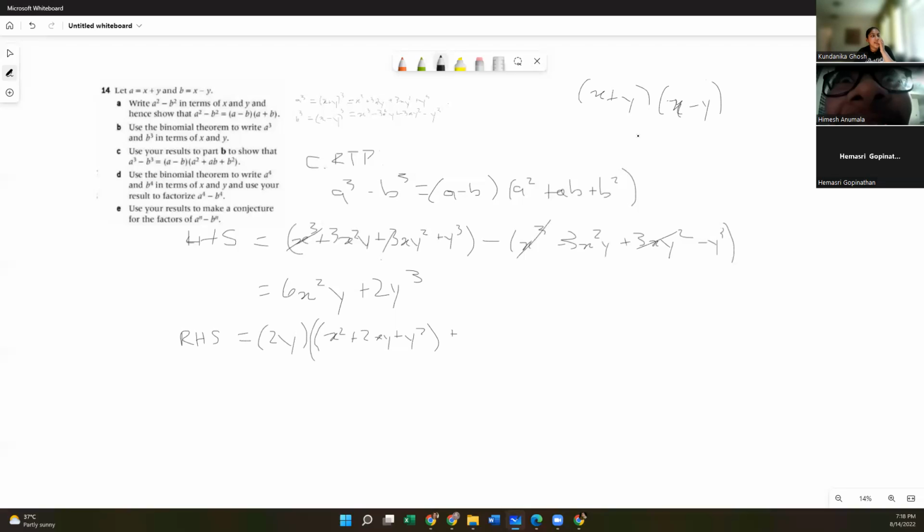If we expand that, we get x squared plus xy minus xy. Those will cancel, and then minus y squared. So we have plus x squared minus y squared, and then plus b squared.